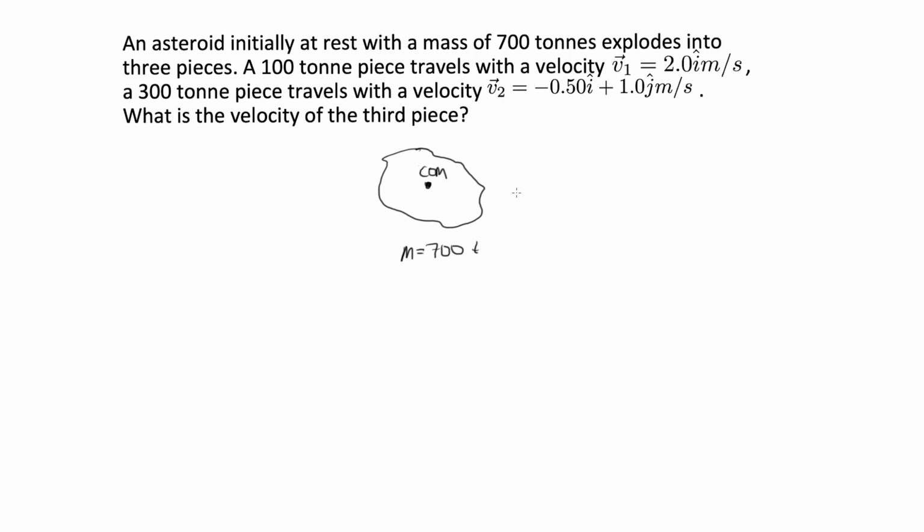And after the explosion, we have a 100-ton piece moving with this velocity. So here's m1 equals 100 tons, and it's moving this way with 2i meters per second. And then a 300-ton piece is traveling this way.